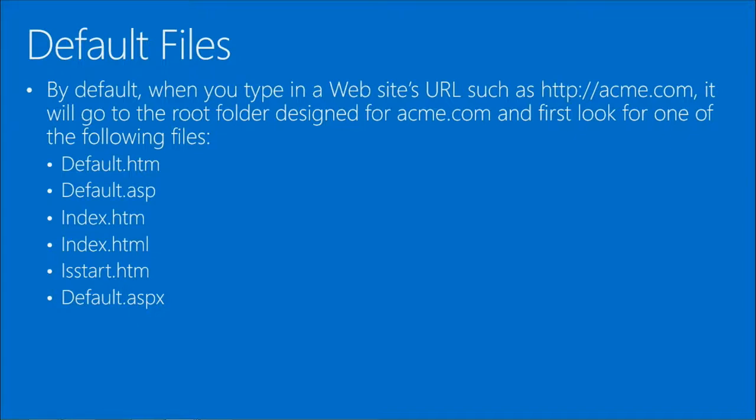So there's multiple files that can be looked for as the default. You can also associate a default file for your website. It could be hello world.htm, whatever you want it to be. Correct. Or if you've deployed something that comes with its own files that do in fact match the list of default files that IIS is searching for, you can change that file to whatever you want it to be and use the existing default. Correct. Correct.